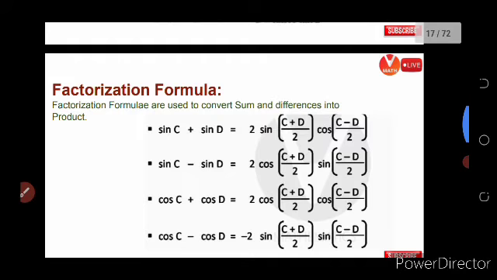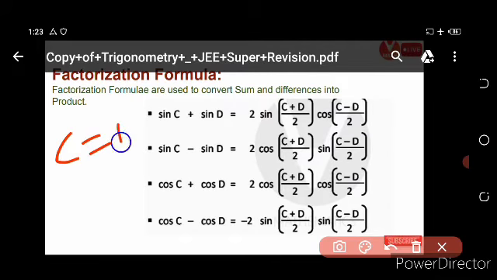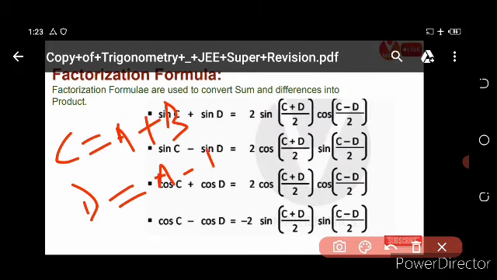Then come to factorization formula, sin C plus sin D. Let us take C is equal to A plus B and D is equal to A minus B. Then C plus D is equal to 2A.